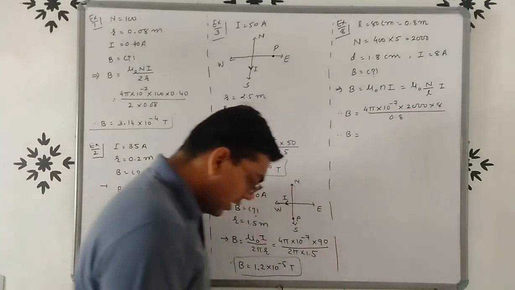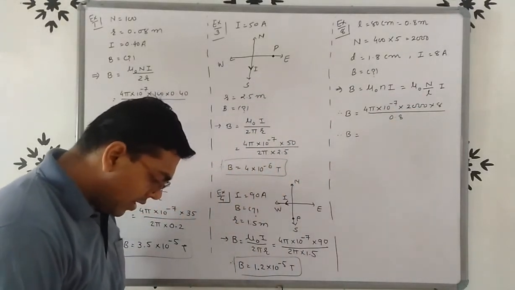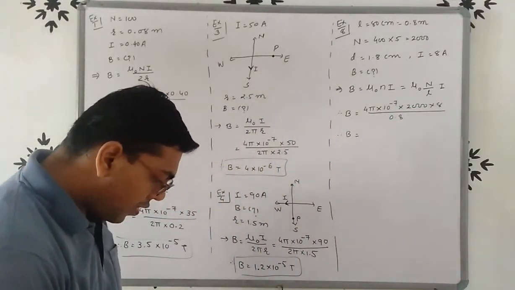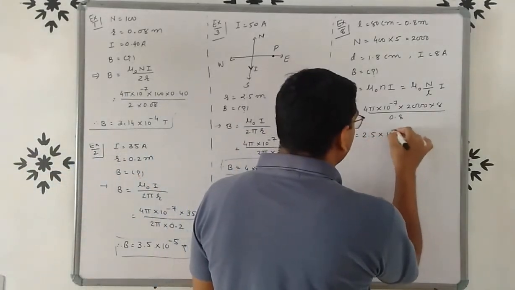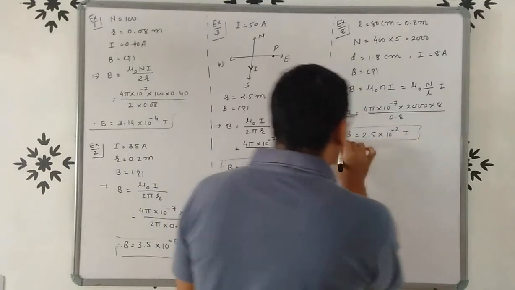As you calculate this, you will get magnetic field B equals 2.5 into 10 raised to minus 2 Tesla, right?